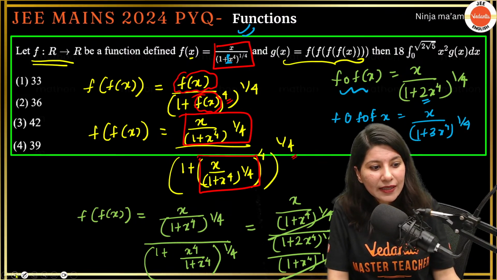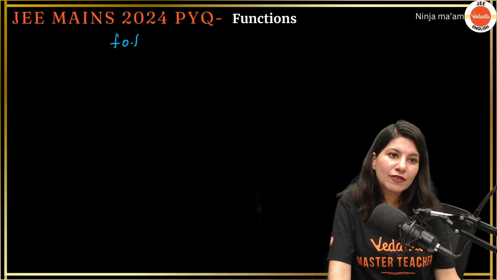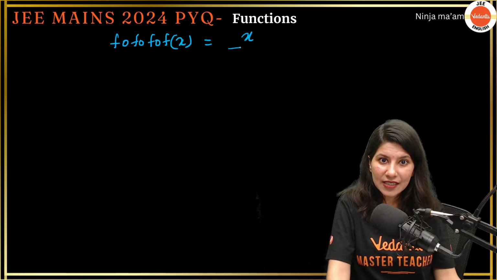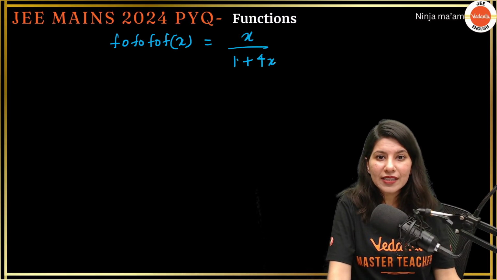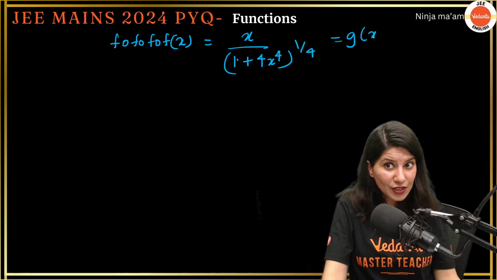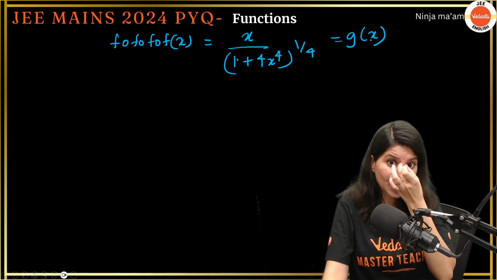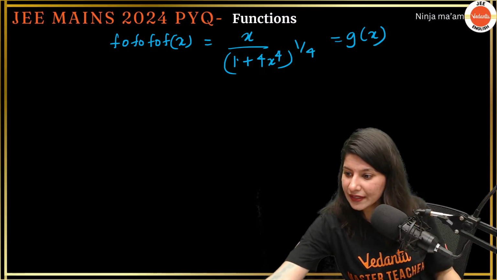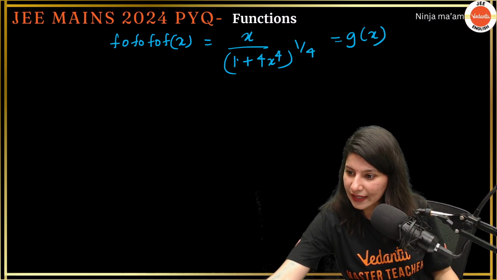And finally, if you have to write f of 4x, it is going to be x upon (1 plus 4x to the power 4) to the power 1 by 4. This is your g of x.